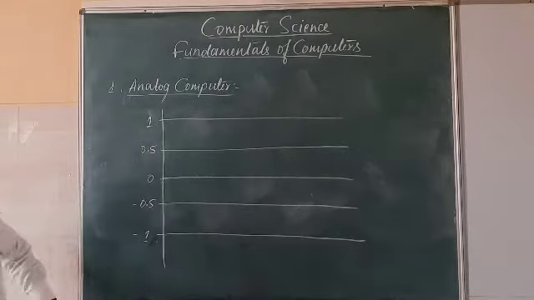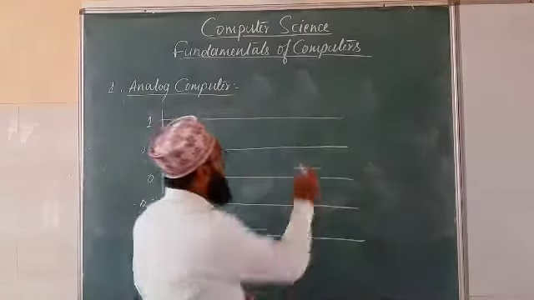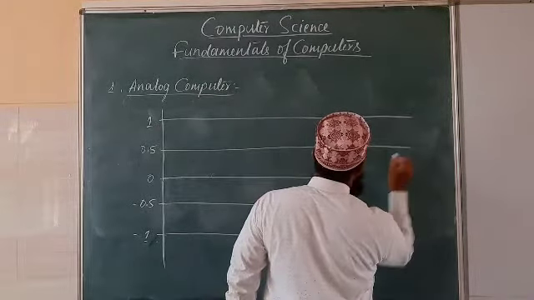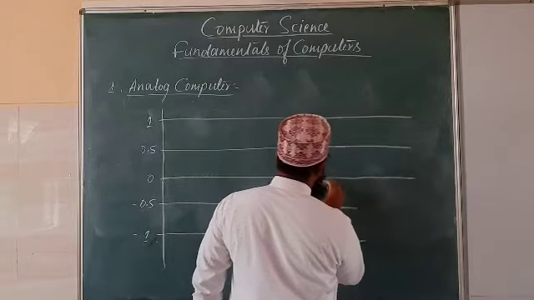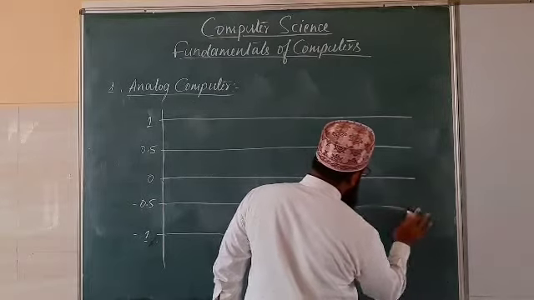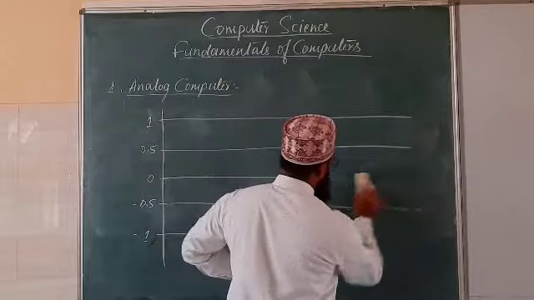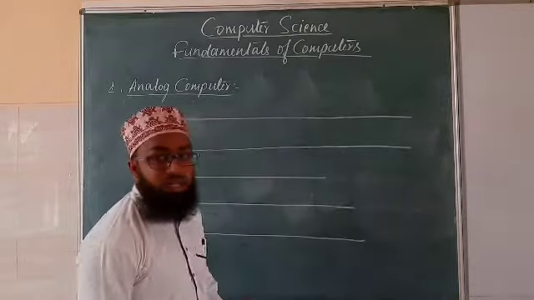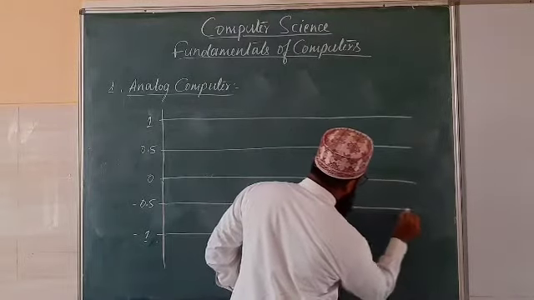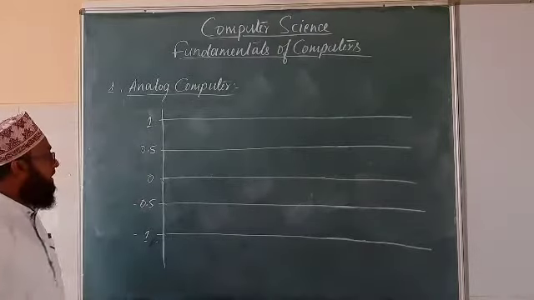See how the analog computer looks like and how this analog graph of a computer can be given. Now I am going to show you all these things. So this is the graph of analog computer. That is what we call the analog graph. This can be given like this.